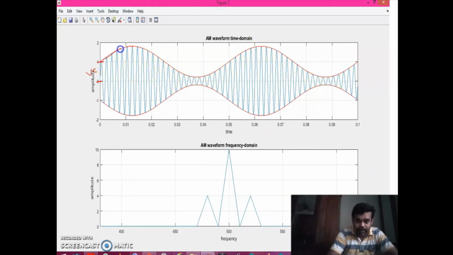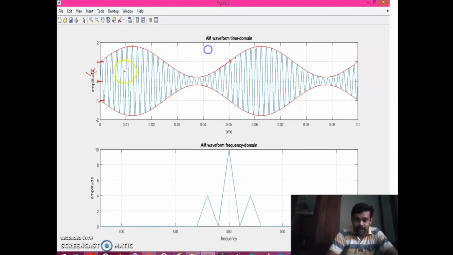Okay. You know that the time period of your message signal is 0.05. So you have to complete one cycle within this 0.05. Then again you have to start. Similarly, you have to draw the negative side. From 1 volt, you have to draw. This is your upper envelope, this is your lower envelope.